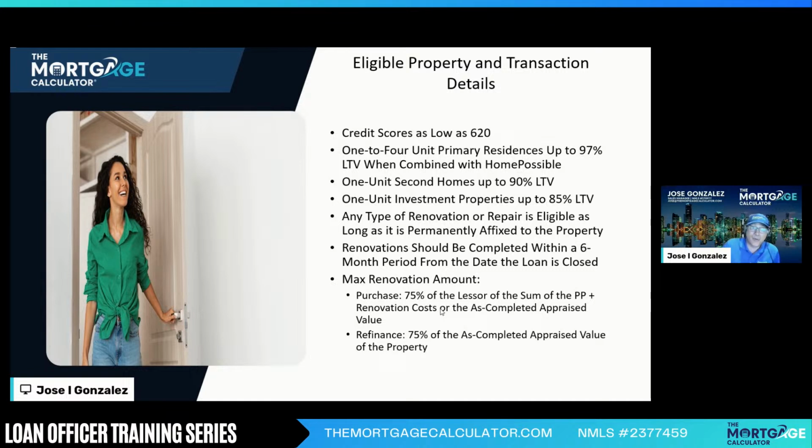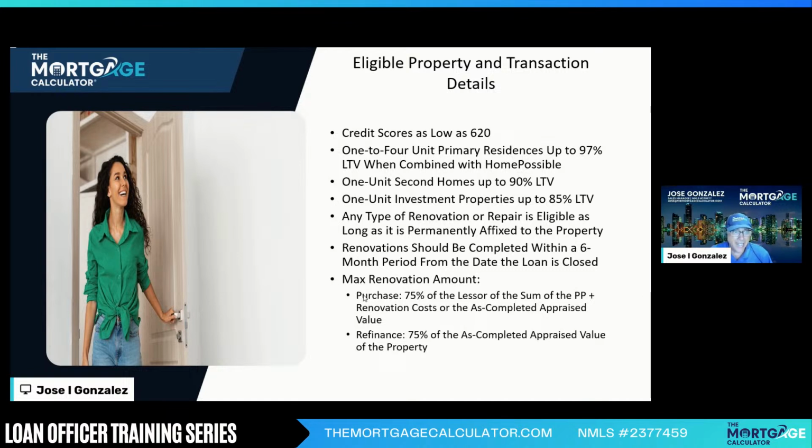So, for example, if you have a $100,000 value on a property, on a refinance, if 100,000 is the as completed value, they don't care whatever you owed on it, you just better make sure, because if you owed $50,000 on that property that's going to have an as completed appraised value of 100, you're only going to have $25,000 really left for renovations there.